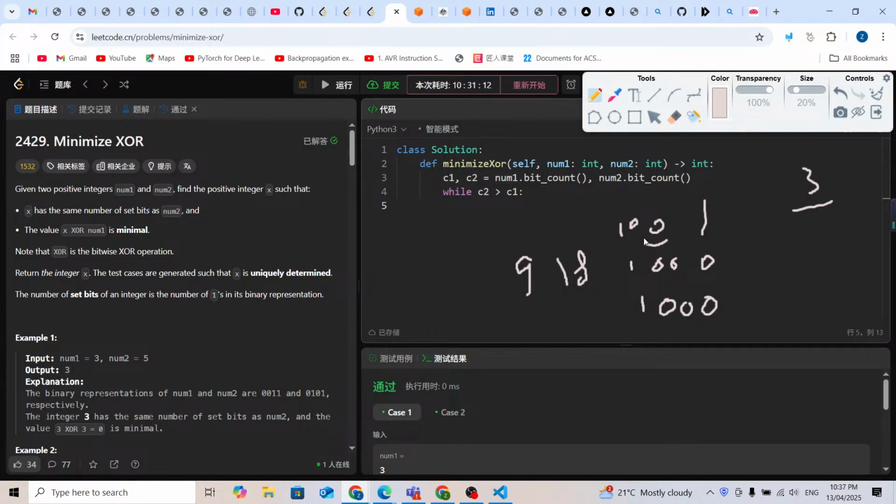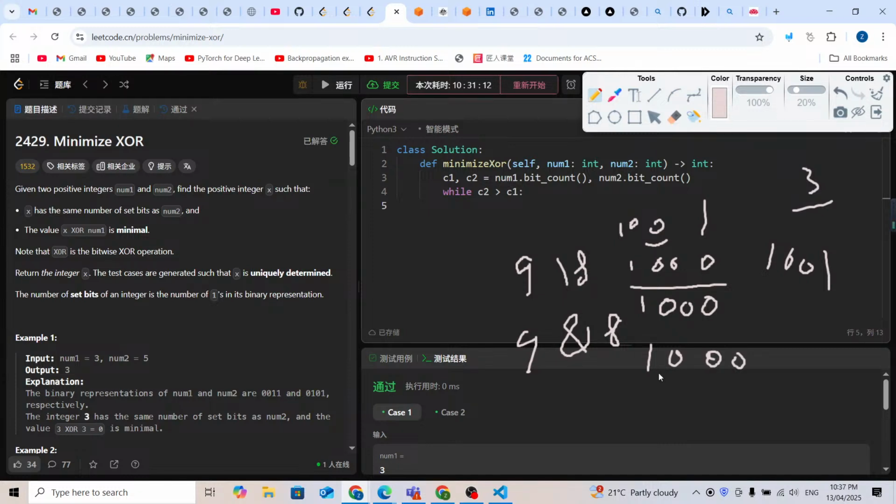But we need to set the low bit 0 to 1. So what about 9 add 8? 9 or 8 is going to be 9. But 9 add 8, it's going to be 8. It's going to be 1 0 0 0.